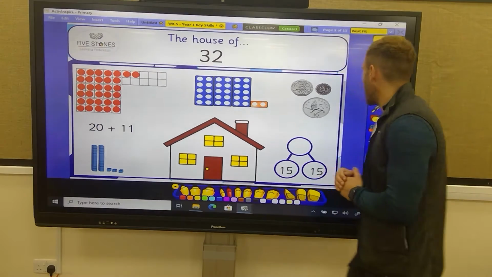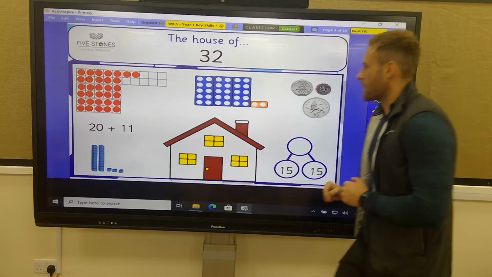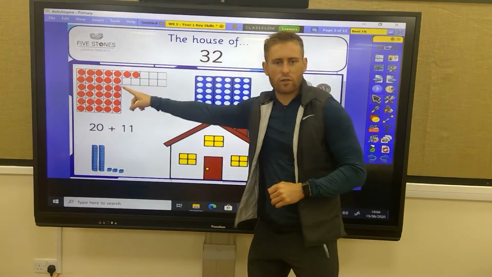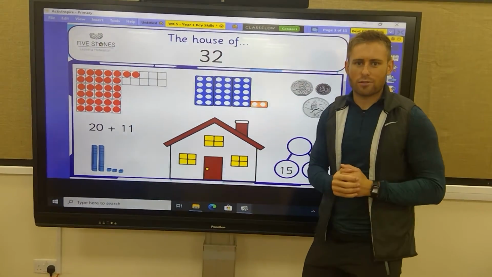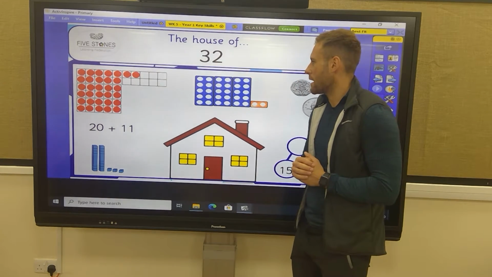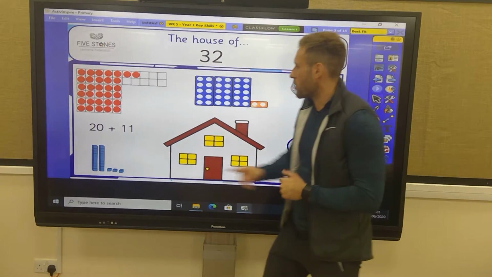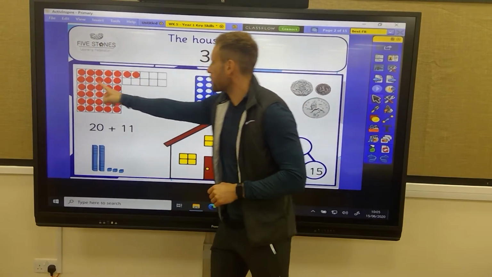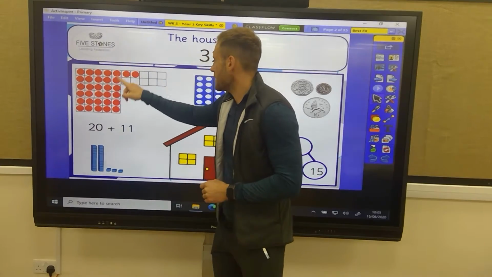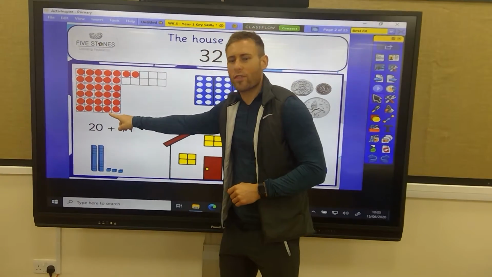Okay, so help me out. Should we start with our tens frame over here? We are going to see whether our tens frame can enter the house of 32. What can you see in the tens frame here? Yes, we've got a 10, and another 10, and another 10. Should we count those tens? 10, 20, 30.